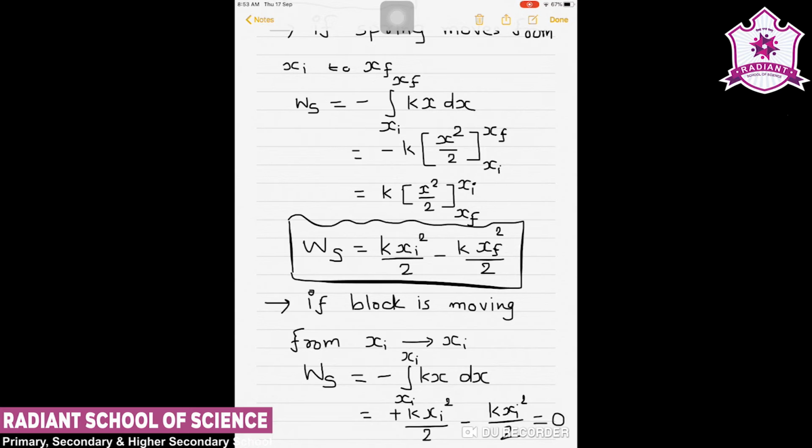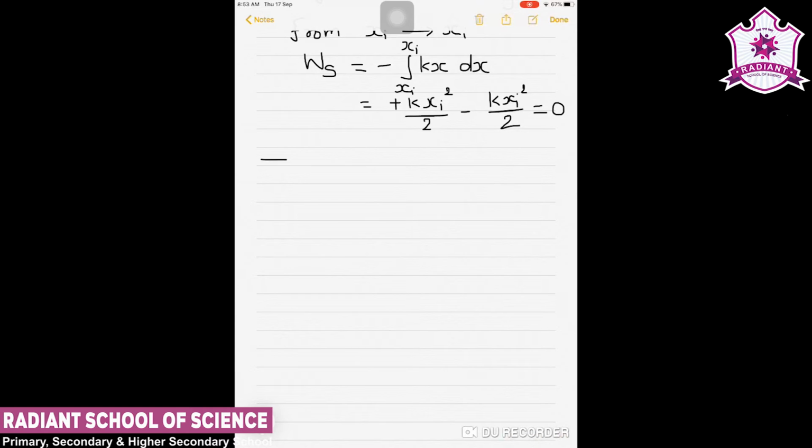Second, the spring force does work which only depends on the initial and final position.